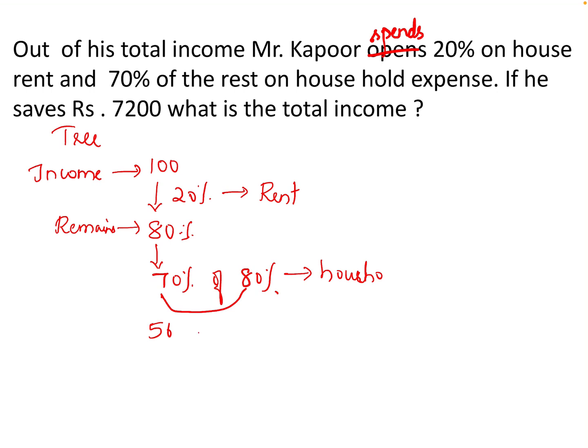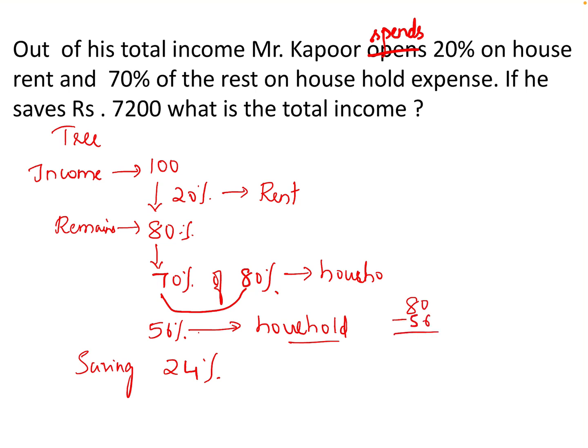What will be the remaining after that? 24%, because out of 80%, 56 goes on household, so 24 remains.